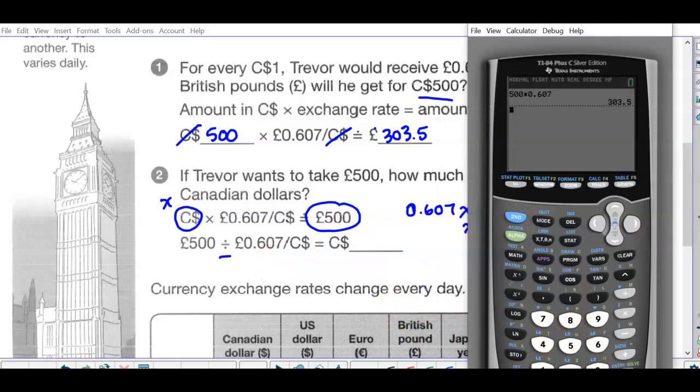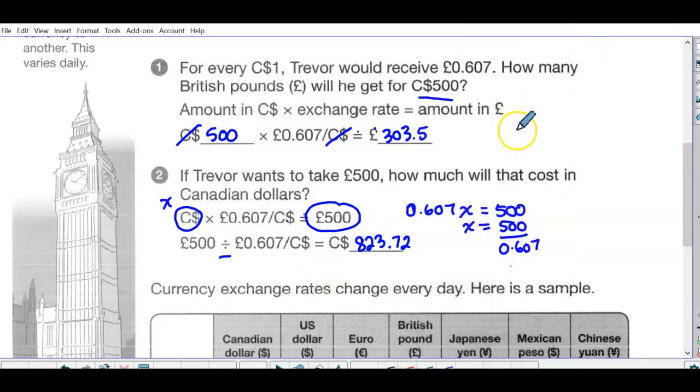And then we will go 500 divided by 0.607 is 823. Now we know these are Canadian dollars, so we'll go to 2 decimal places. Okay, so, and you can see here that when you're dividing, the pounds divide out, and dividing by this in the denominator brings it up to the numerator.